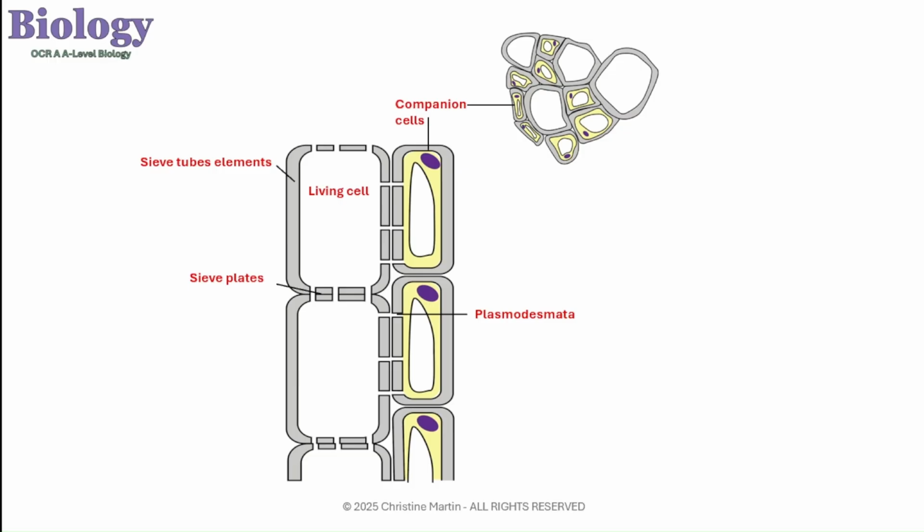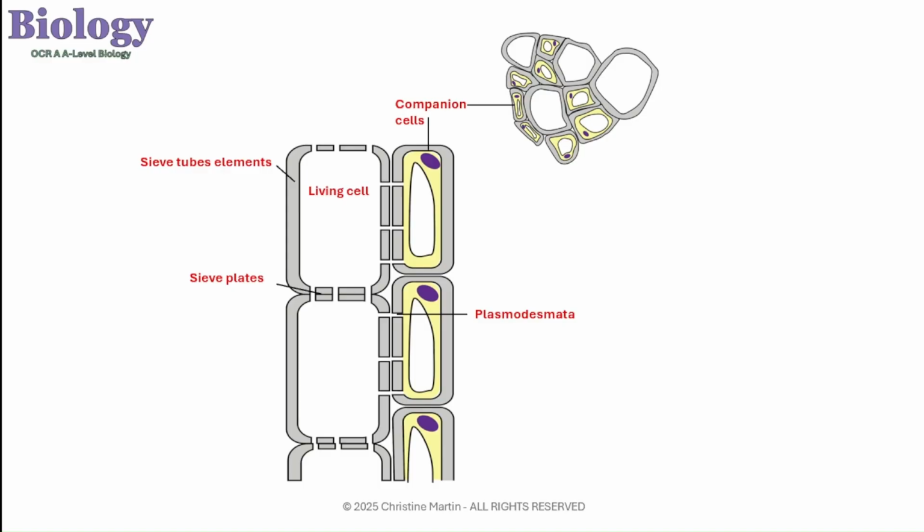During differentiation, the daughter cells elongate into tube-like shapes. The end walls become perforated, forming sieve plates with many pores to allow the cytoplasm and dissolved solutes to flow between the cells. Most organelles, including the nucleus, are degraded, meaning the sieve tube element cannot function independently.